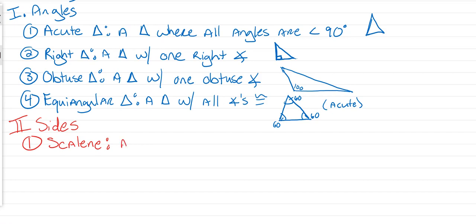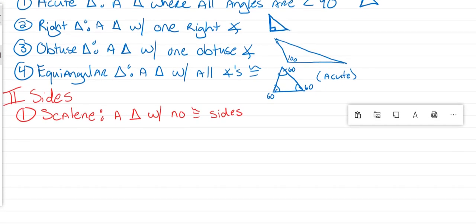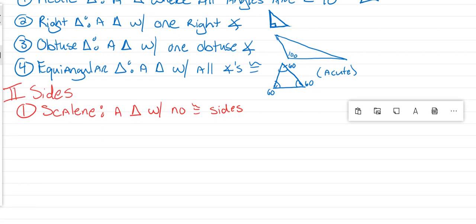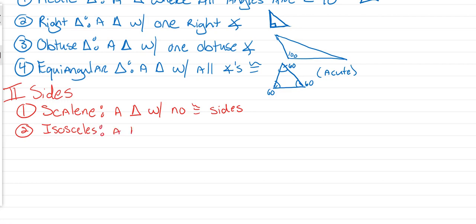This is a triangle with no congruent sides. So all of the sides have different measures. Next, we have isosceles. Actually, there's only three of these. I think I said four. Isosceles is a triangle with at least two congruent sides.